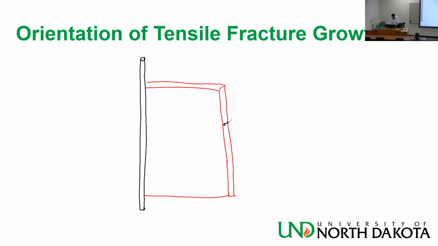S3 is the opening, the width. And then I have two more for the plane. Which of the two is S1 and which is S2? This is S1, this is S2. Correct. Excellent.